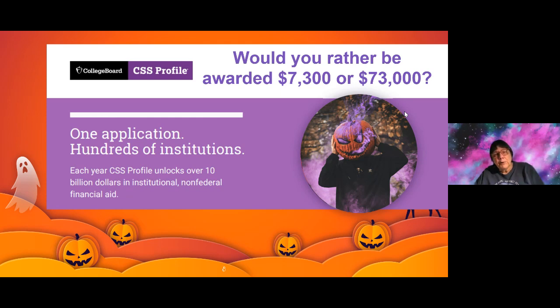The CSS profile might help you get up to about $73,000 in grants, work study, and institutional scholarships. Might even be more than that. So the CSS profile is usually what makes going to an out-of-state school possible.